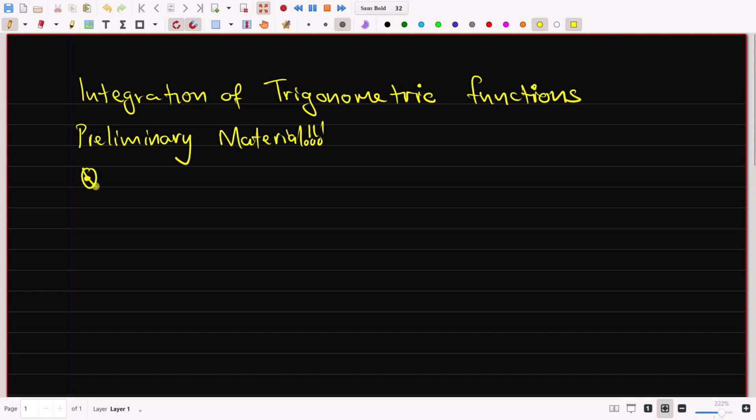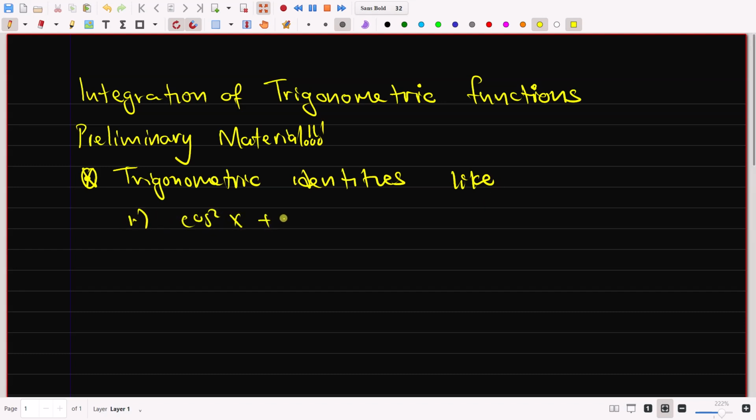One of the things that you must know, the preliminary work, is trigonometric identities. So there are these identities that you need to know.